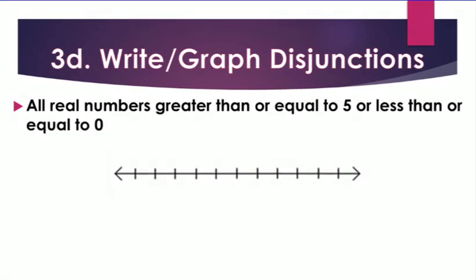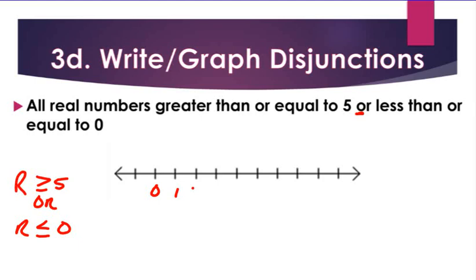Next, all real numbers greater than or equal to 5 or less than or equal to 0. So we have real numbers greater than or equal to 5, or, and just make sure you look at that keyword, or real numbers are less than or equal to 0.